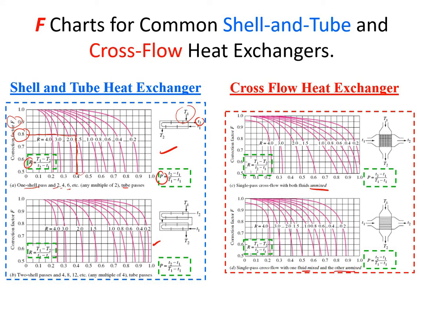Based on the question that you get, and based on the type of heat exchanger, you need to refer to the correct graph so that you can get the correct correction factor. For the cross flow heat exchanger also you need to calculate R and P to get the correction factor.